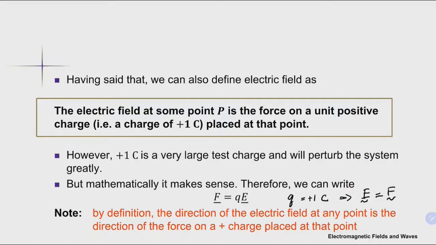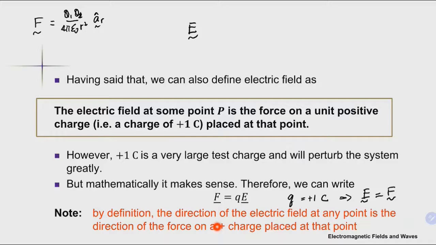So that is the electric field. Earlier on we have F equals Q1 Q2 over 4 pi epsilon naught r squared, times the unit vector r.